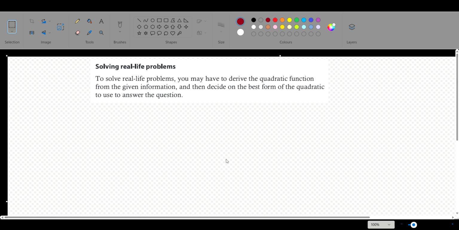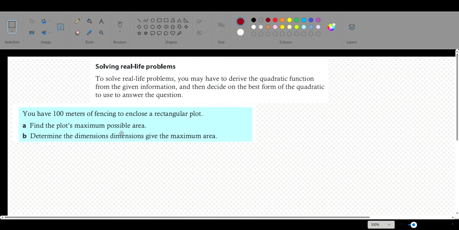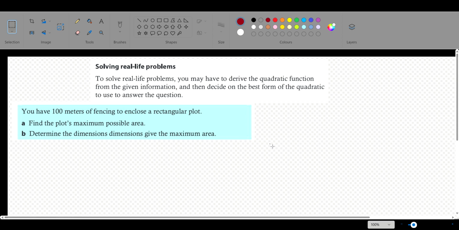For example, I'm taking one exemplar for you. So read the statement here.